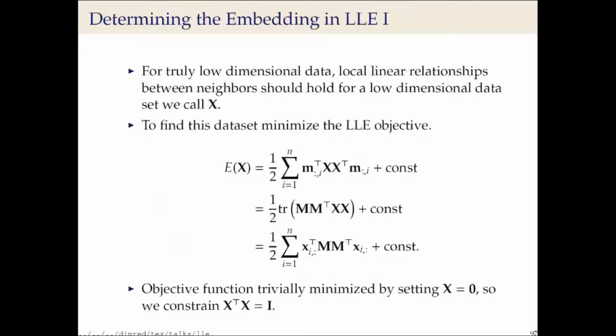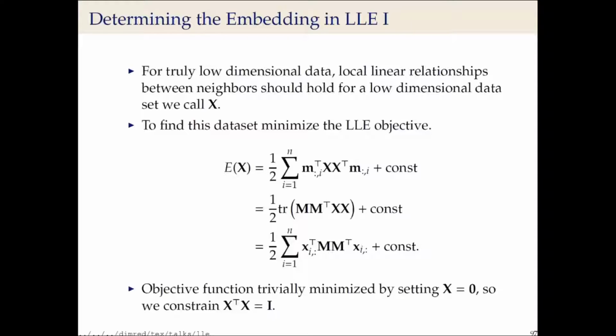Now that objective function can be rewritten, doing exactly the same things we just did with the previous algorithm. I'm not again going through the details, but it can be rewritten by defining a matrix M to be Mij equal to Wij if it's off diagonal, and Mii equal to the sum of Wij's over j.